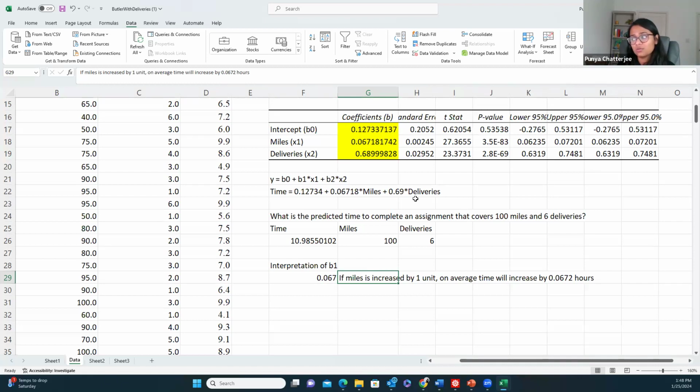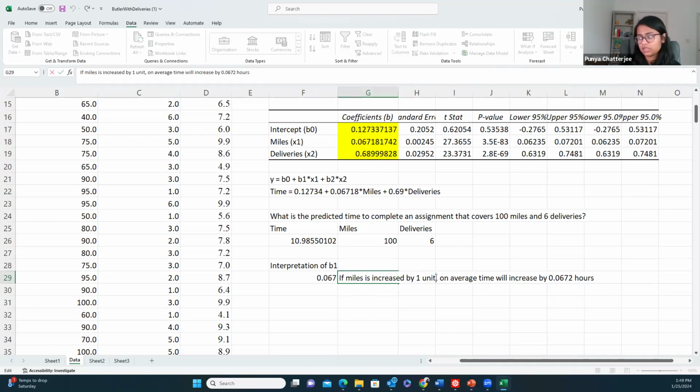Because if you increase deliveries too, then your time would increase 0.06 plus 0.69. So 0.067 is the increase in time if miles increases by 1 unit while delivery stays the same. So you do have to mention that in your interpretation.